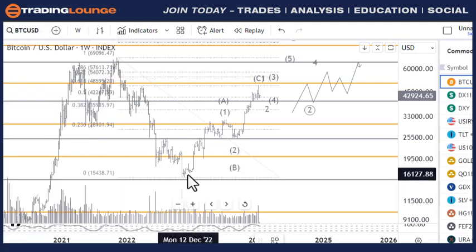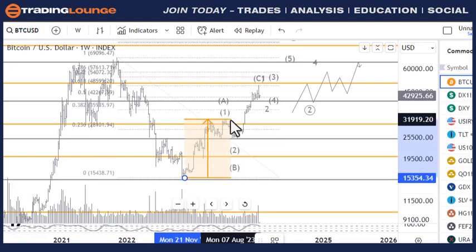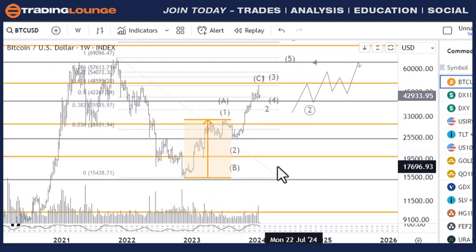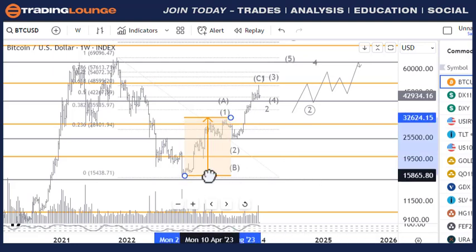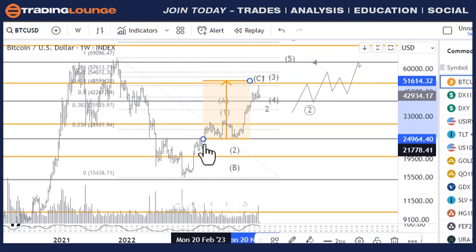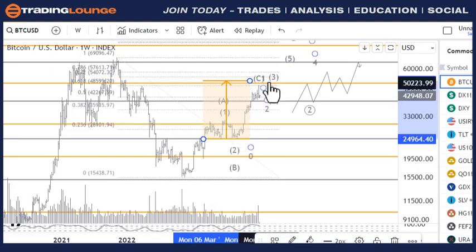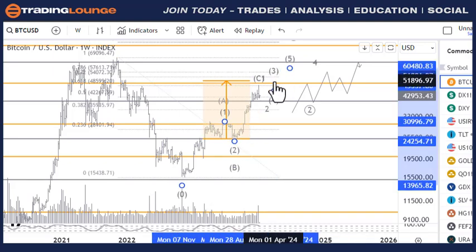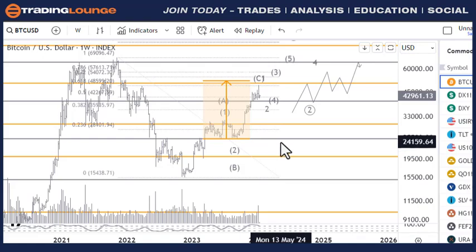That should do the trick. So the distance there, roughly speaking, is the length of this one here. So this leg here is still longer than this leg. So, you know, we can call it a third wave.